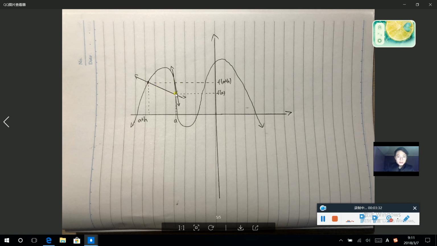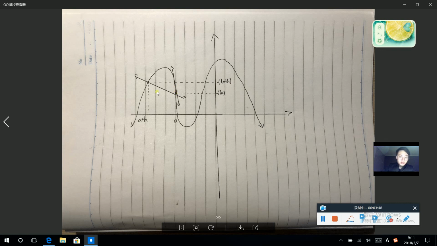But when we calculate the slope of the tangent at this point, we only have one point.